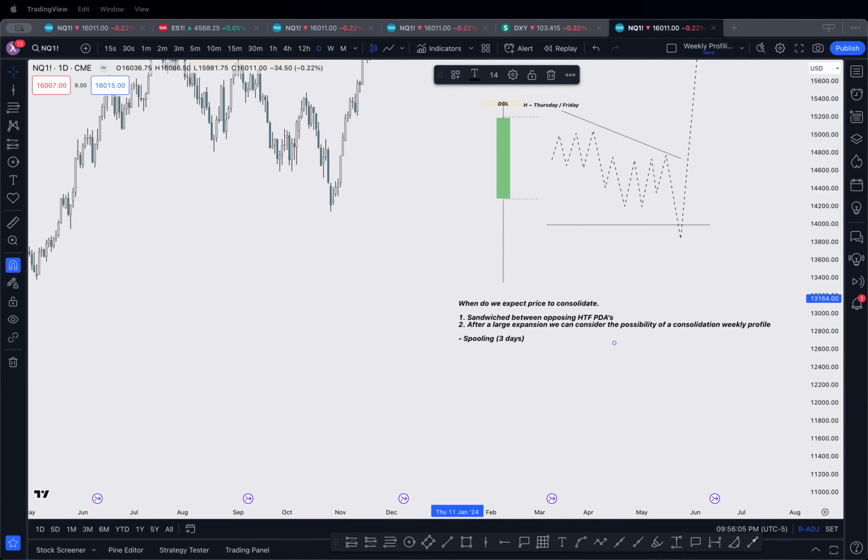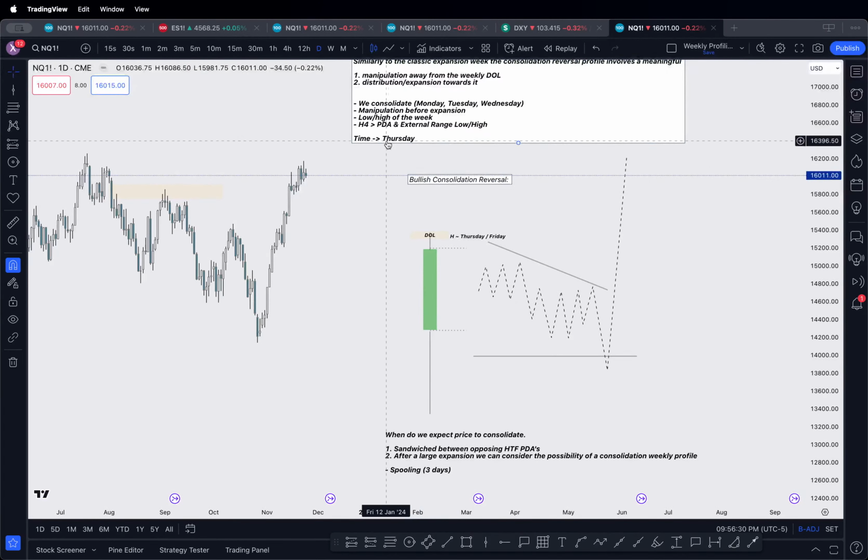So following expansion, you can look for that Monday, Tuesday, Wednesday, manipulation on Thursday of the external weekly range high, and then continued expansion. Again, what do we want to see on Thursday to have a valid consolidation reversal? Not only a 4-hour PD array be tapped, but what do we want to see?